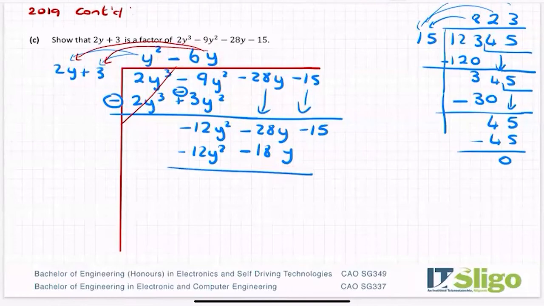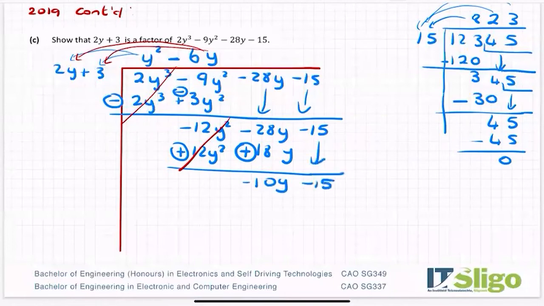Put a line under it, change the sign, and you can see I always put my new signs in a circle so that I don't get confused. And you have now minus 12 plus 12 cancels. Over here, I have minus 28 plus 18 is minus 10y. And of course, I need to take down my minus 15 because I haven't used that yet.